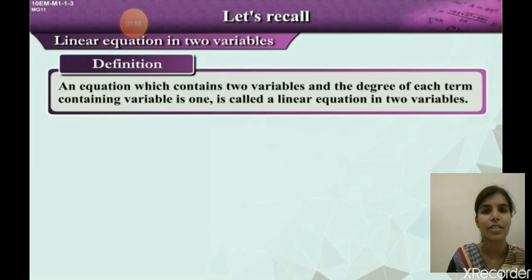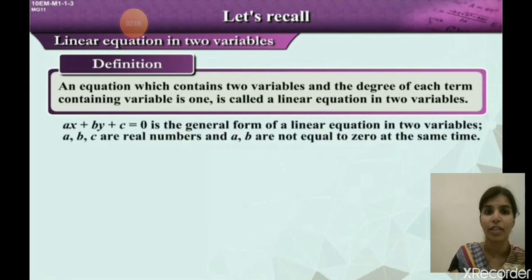So firstly we discuss the linear equation in two variables in detail. An equation which contains two variables and the degree of each term containing a variable is 1. So these are called equations in two variables.